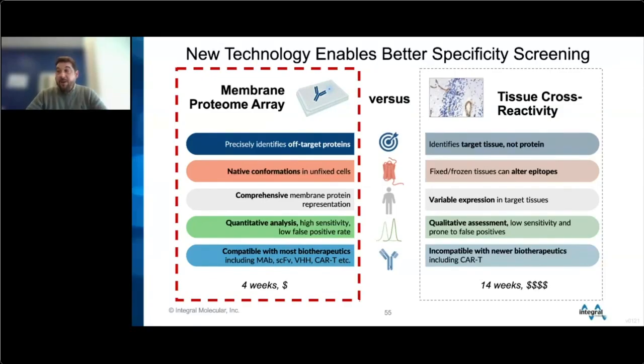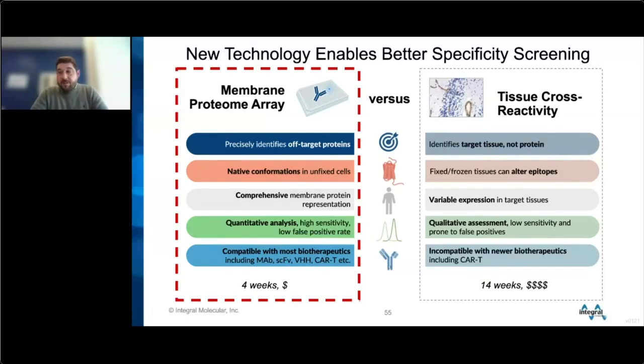We also have comprehensive membrane protein representation, including the SPL and MPA, over 7,000 membrane proteins, where variable expression of these proteins in target tissues is always a sensitivity issue in TCR studies. We're able to do quantitative analysis with high sensitivity and a low false positive rate, where TCR is essentially a qualitative assessment with low sensitivity and is more prone to false positive.